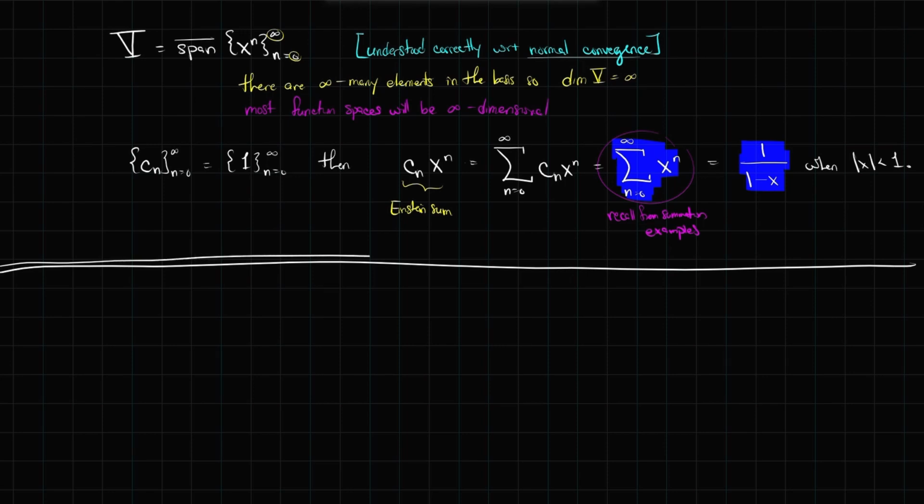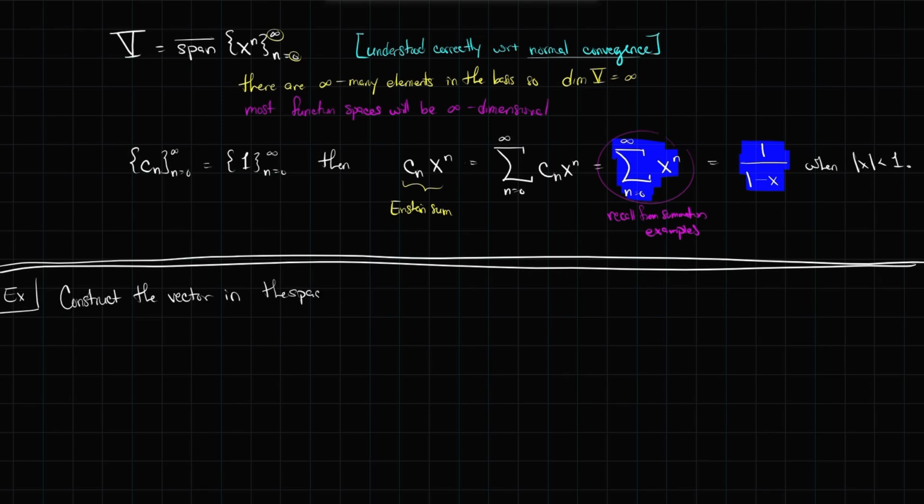Let's move ahead to our actual worked examples for today. In our first example, let's construct the vector in the space V equals the span of psi1, psi2. We're going to get used to some quantum mechanical notation here.